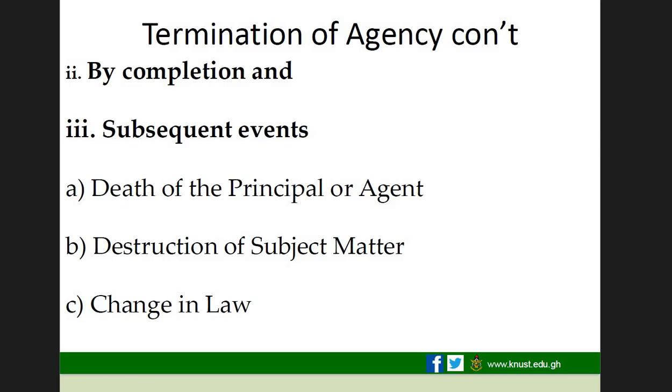Then the destruction of subject matter. For example, let's say goods to be sold are destroyed. Or I appointed you as an agent to sell a particular land for me, and that land has been seized by the court.